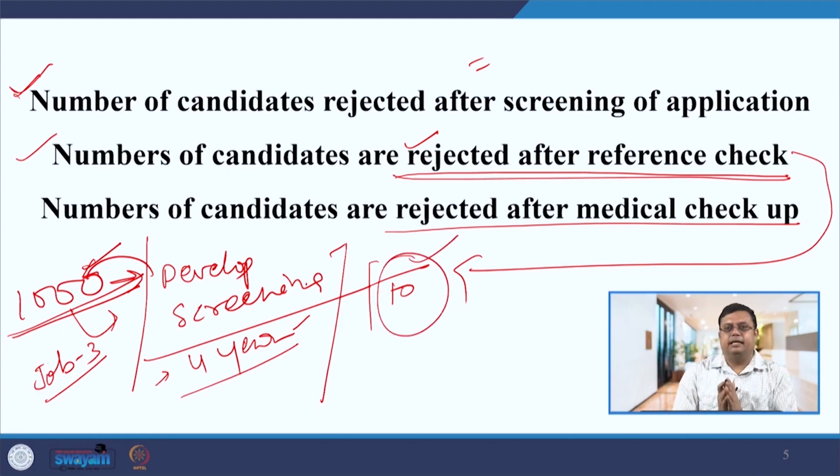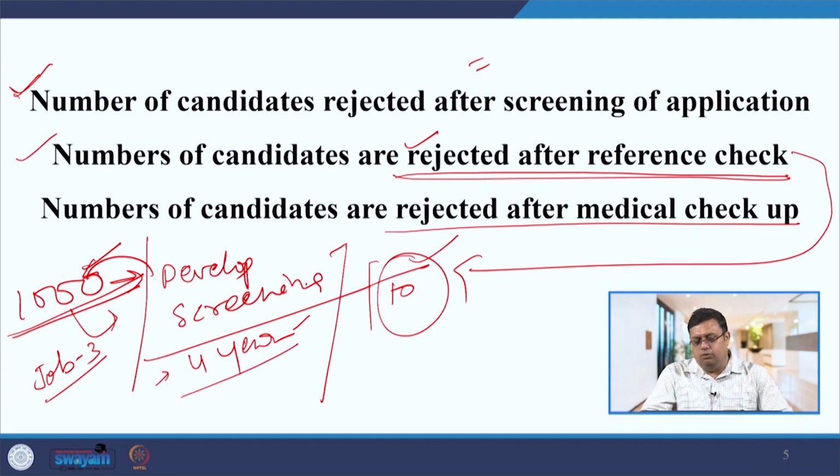When you are selecting the candidates, you should always think about one thing: if a number of positions are available and the final job offers that you are giving are less than the positions available, then it indicates that you could not conduct the selection process effectively.